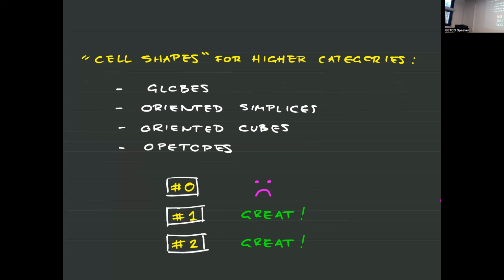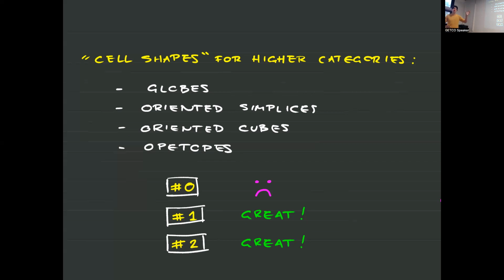And of course, string rewrite systems tend to want to have freedom as to how long the input word is and how long the output word is. For example, if we use globes, the only 2-dimensional cell shape has a single 1-dimensional cell in the input and a single one in the output. So we can only rewrite single characters.